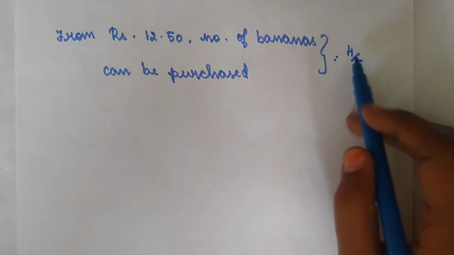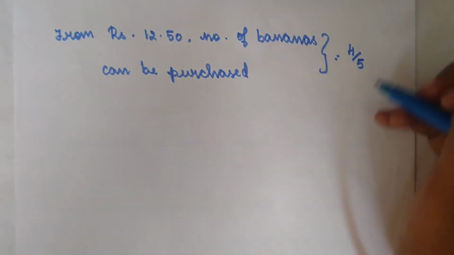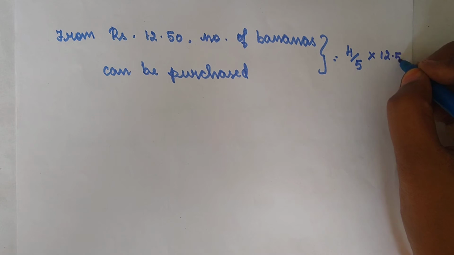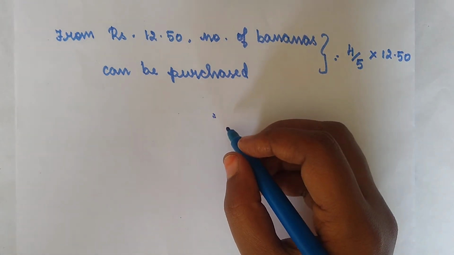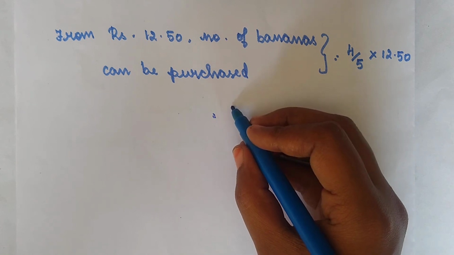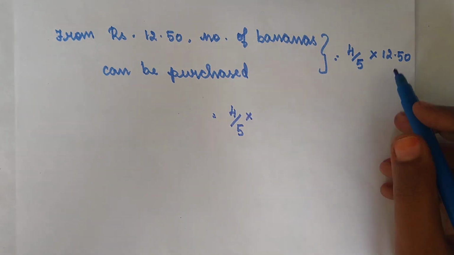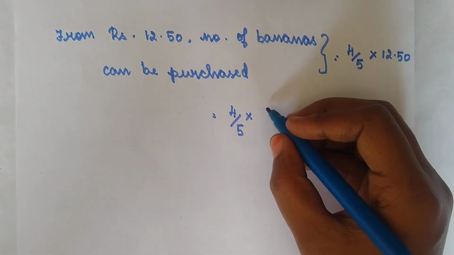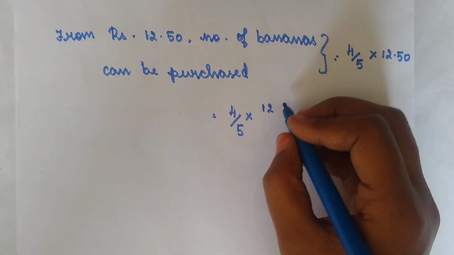We have to calculate 4/5 into 12.50. Then in the second term we have to multiply and divide by 100, because it eliminates the decimal point.